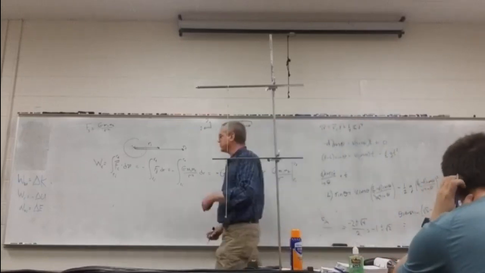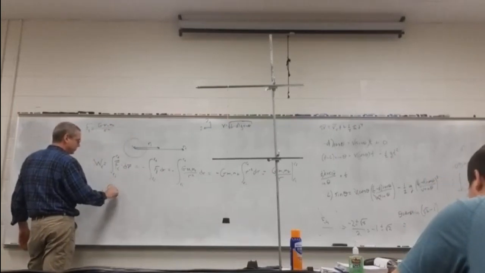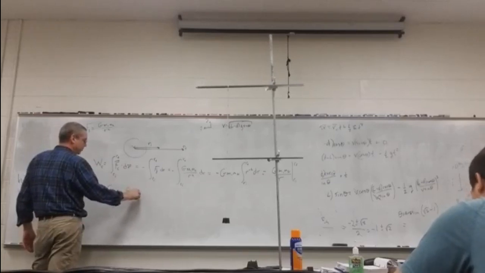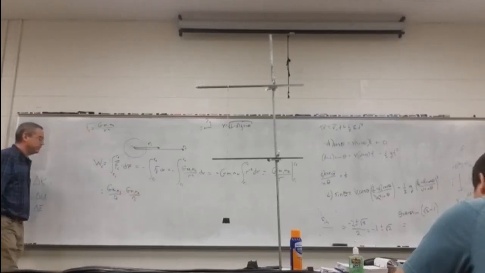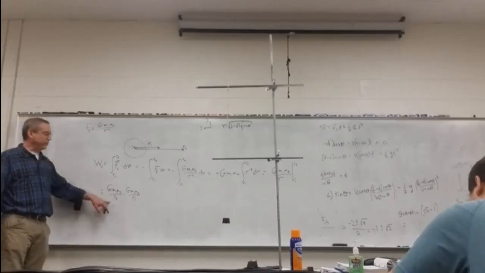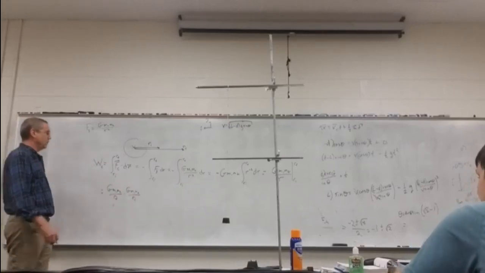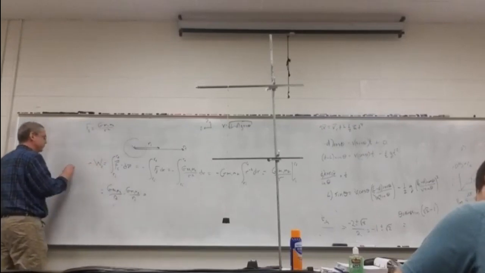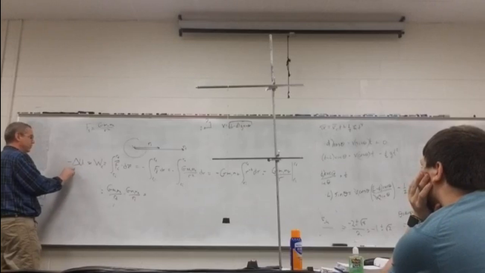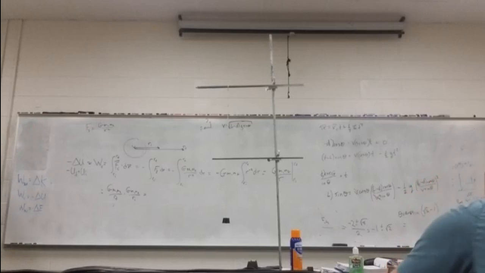And so the work done by the force of gravity becomes G mass 1 mass 2 over r final minus G mass 1 mass 2 over r initial. Because r final is bigger than r initial, this still will be a negative value. By the work energy relationships, this is equal to negative change in potential, in other words negative U final minus U initial.